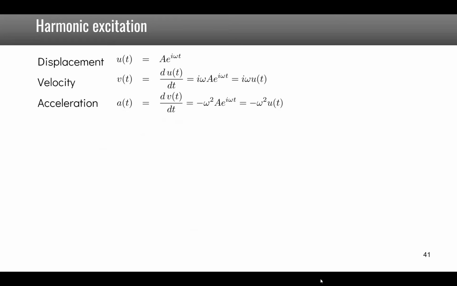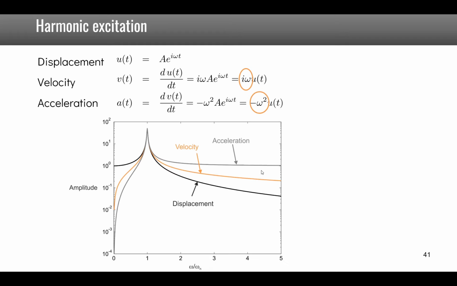As stated, displacement is given by a harmonic function. Velocity is i omega times that, and the acceleration is minus omega squared times u. So that means that if you plot the Bode diagram, you see that for displacement you start from the static response, and then you have a decrease after resonance.